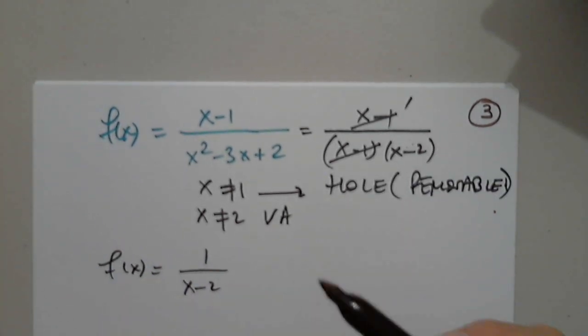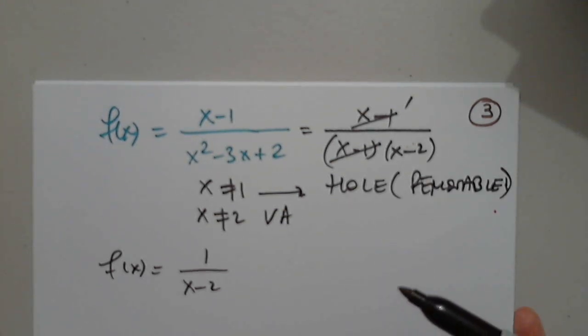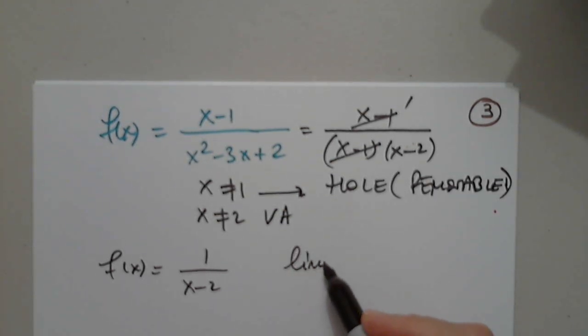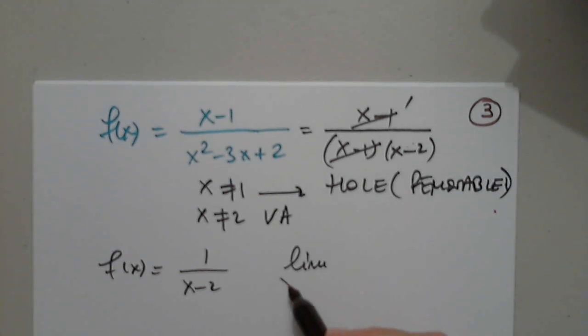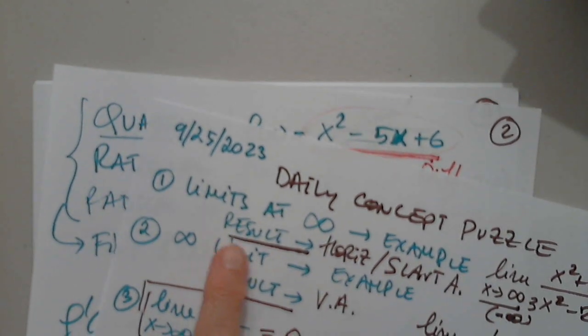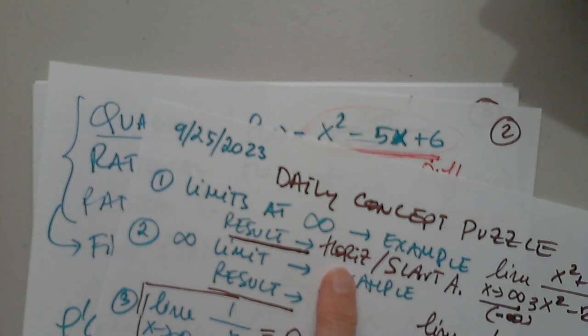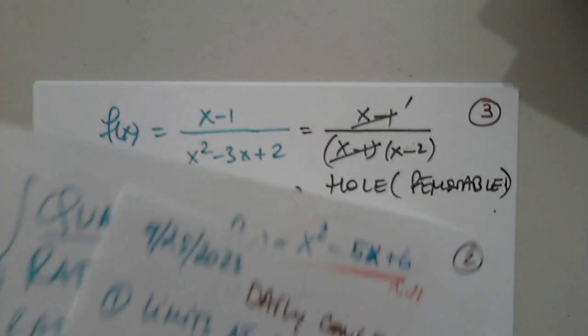Now, because you have to find the horizontal asymptote, you still have to determine, at least on paper, x approaches infinity, as we just discussed a few minutes ago. Where is it? Right here. That's why we reviewed these. So I have to find the limit at infinity in order to determine horizontal or slant.